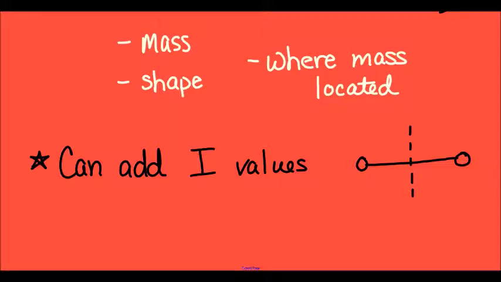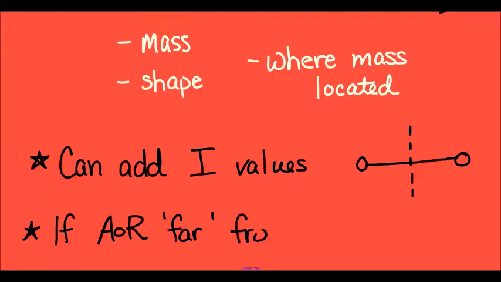That brings me to my next point. If your axis of rotation is far from your object's center of mass, we'll use the equation mr squared, regardless of what shape your object is.